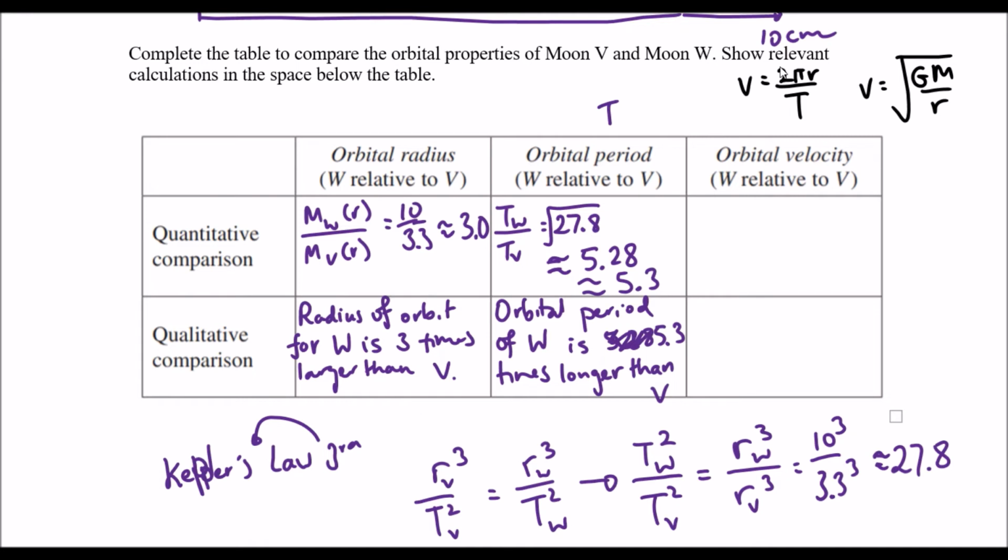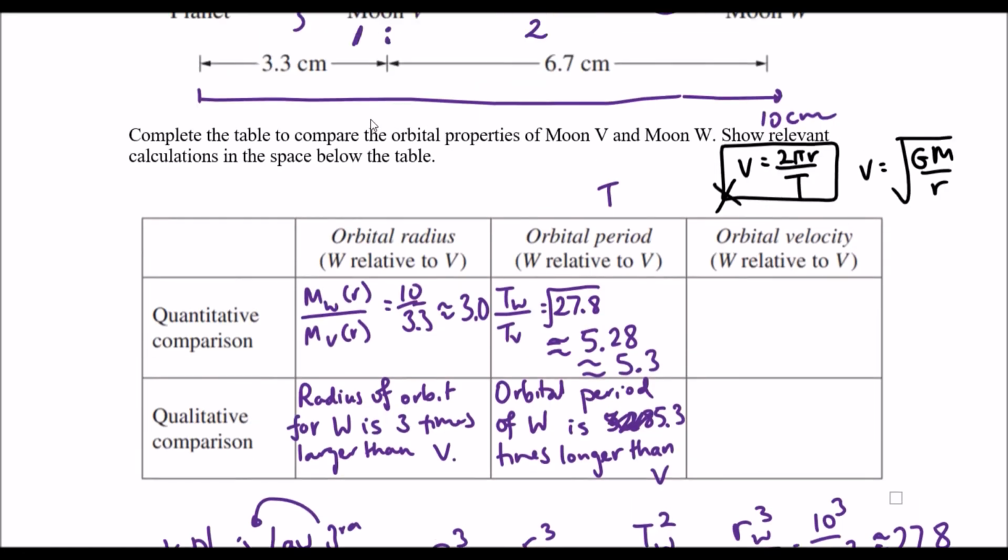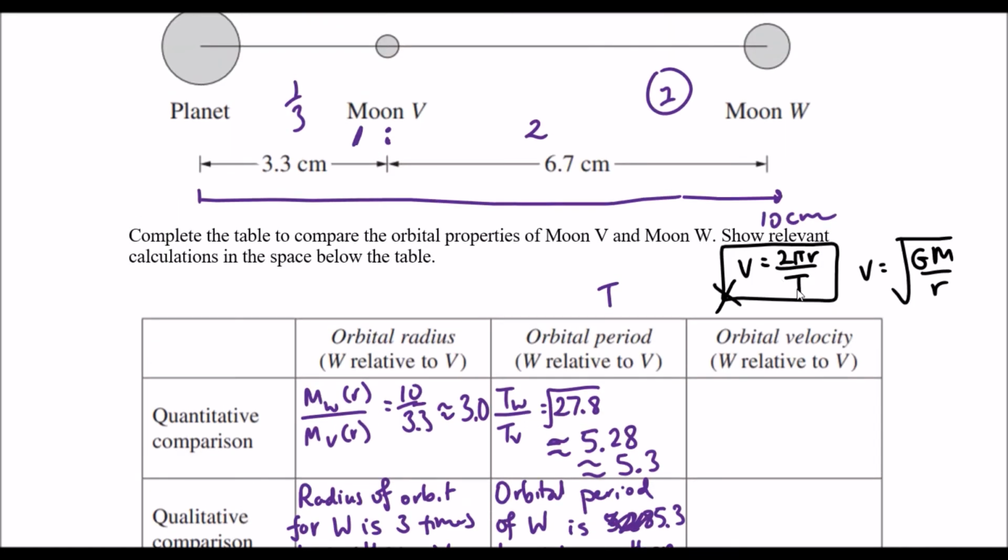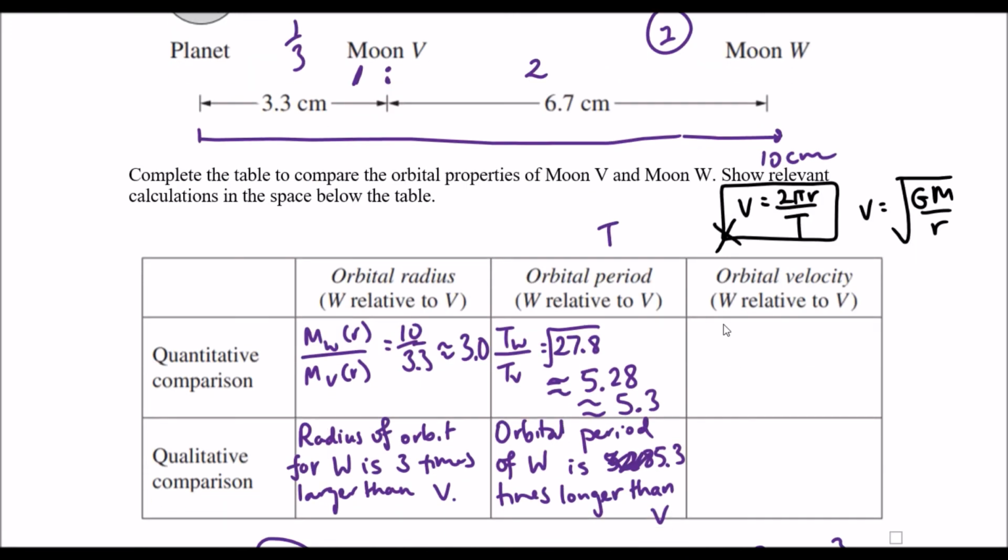Now, we're not going to be using the first equation here. The reason being is we need to know the radius and the period of W and V. Now, we do know the radius that was given to us originally in this question, but we don't actually know what the value for t is. We only have a ratio value. We don't have the exact values of the two. So we're going to use this equation here to kind of establish everything.